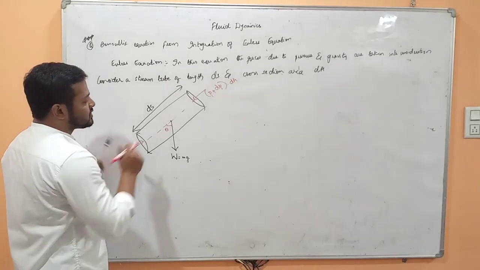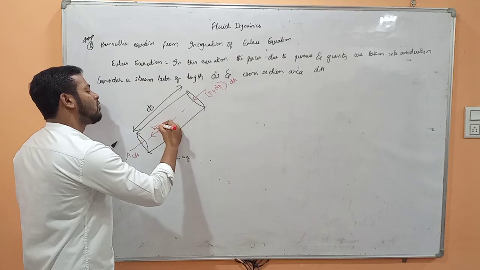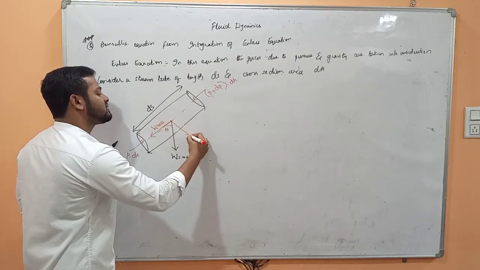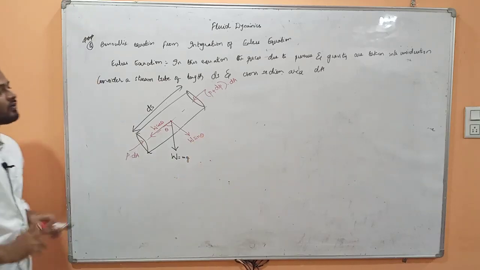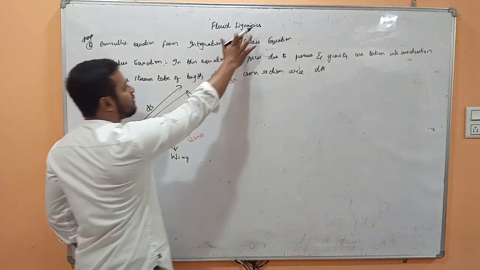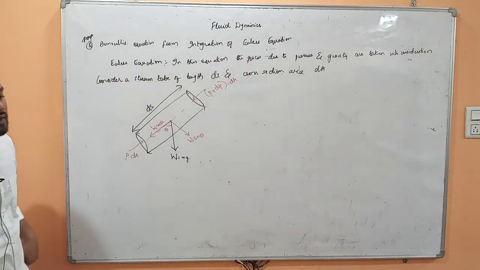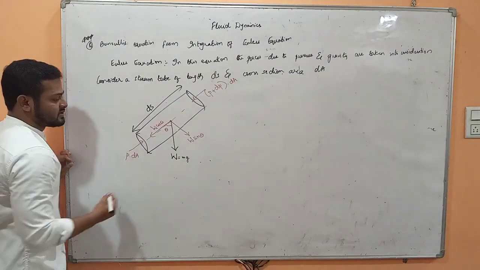One will be in this direction, which is W cos theta, and one will be in this direction, which is W sin theta. Okay, so now I can apply Newton's second law, because in fluid dynamics the bodies are in motion. So we have to apply sigma F is equal to ma.